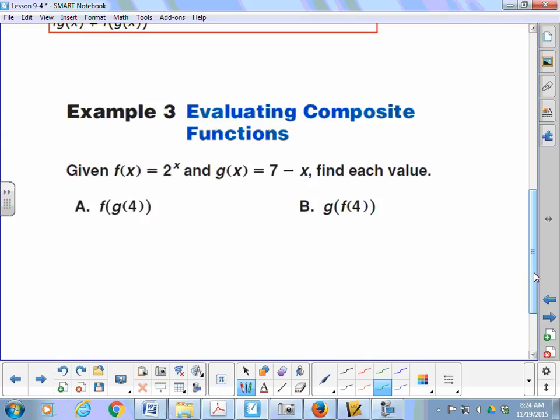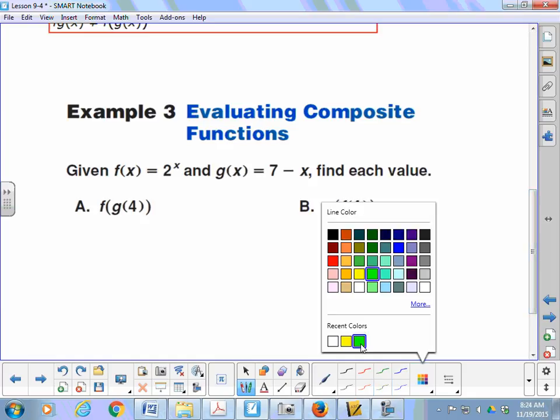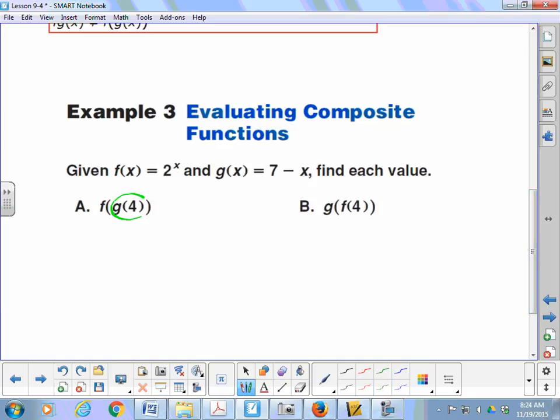So the first thing we're going to do is what's inside this parentheses first. So we're going to do g of 4 first of all. g of 4 equals 7 minus 4, which is 3.